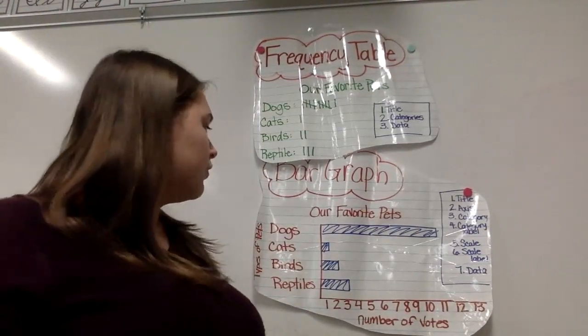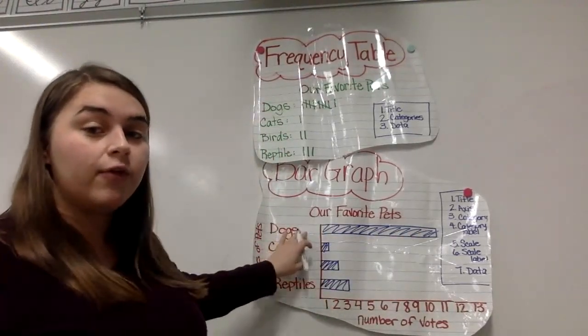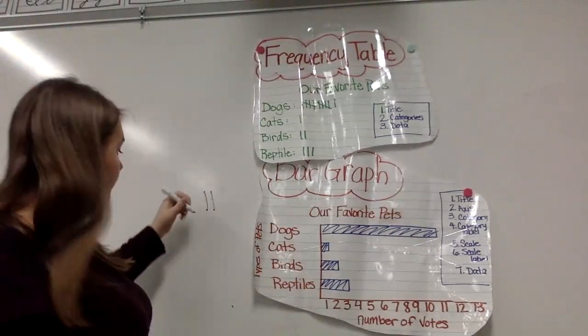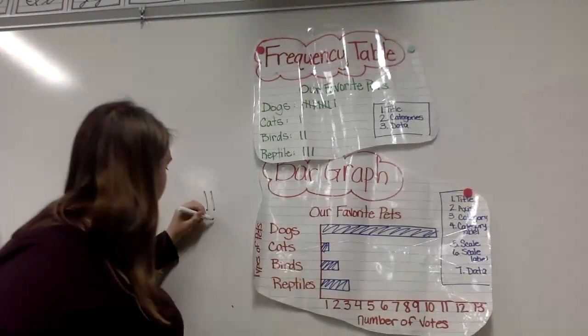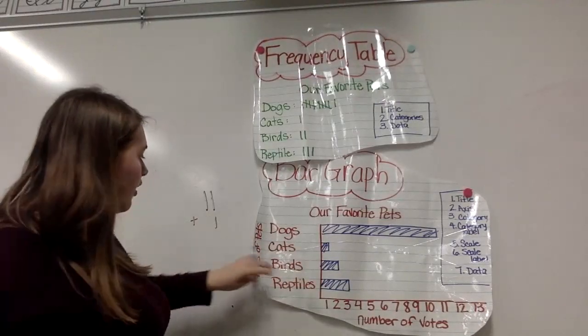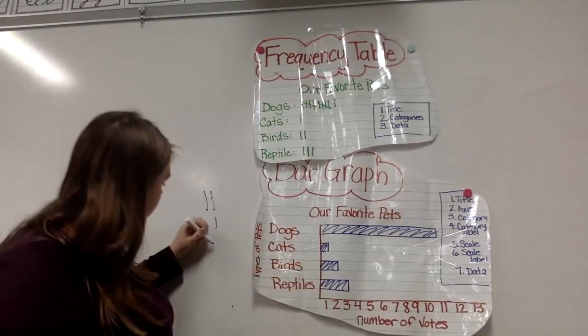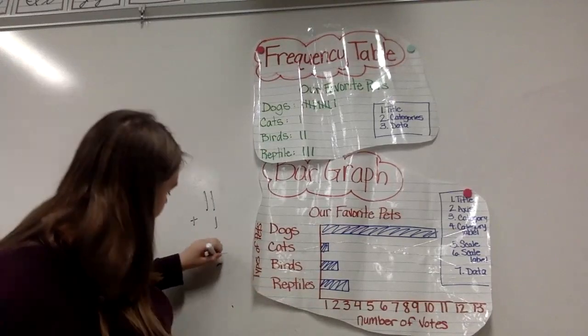So we counted there were 11 people that voted for dogs as their favorite. So we can add 11 plus 1 plus 2 plus 3.